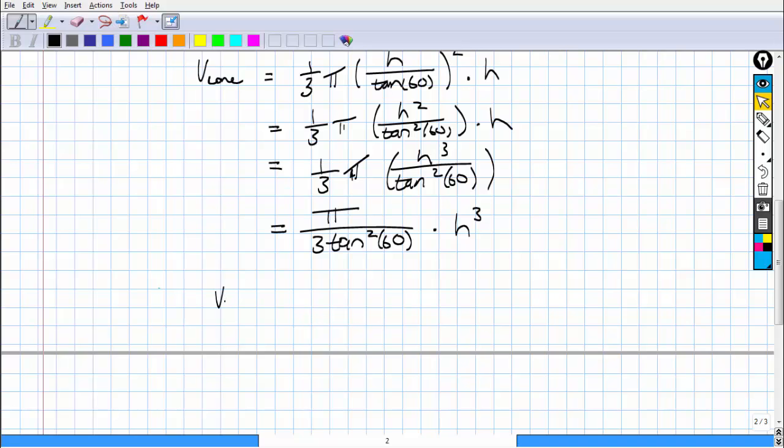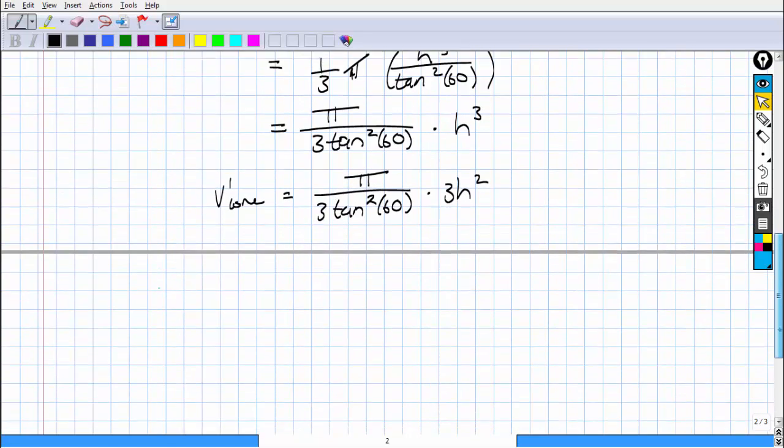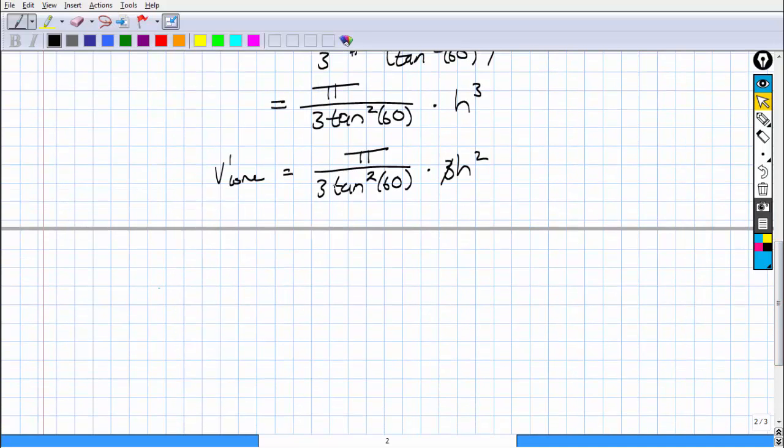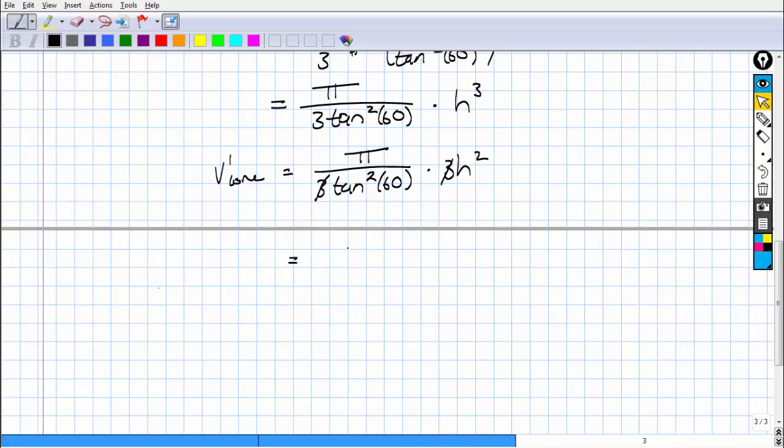Now we can take the derivative of the cone with respect to h, and that's actually quite simple, because it works out to pi over 3 tan squared of 60 times 3h squared. The 3's cancel, and we're left with pi h squared divided by tan squared of 60.